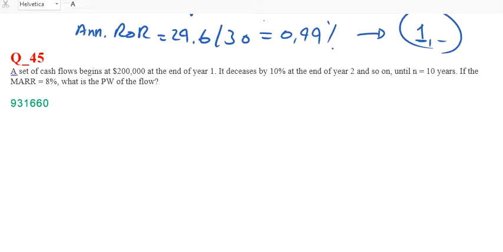Question 45. The set of cash flows begins at $200,000 at the end of year 1. It decreases by 10% at the end of year 2 and so on until n equal to 10 years. If the MARR is 8%, what is the present worth of the flow?